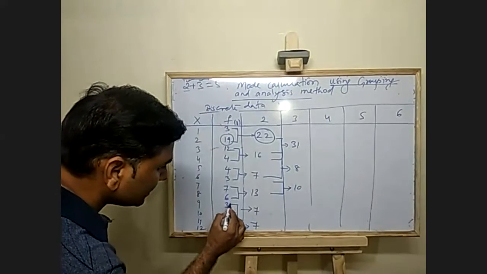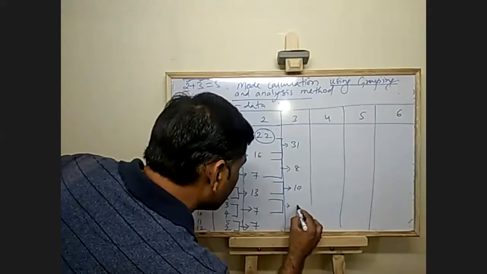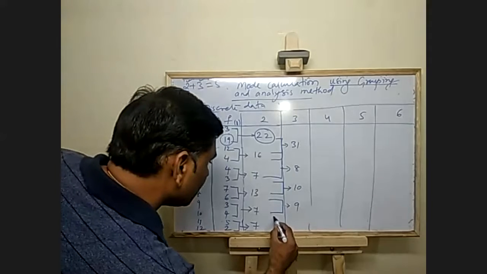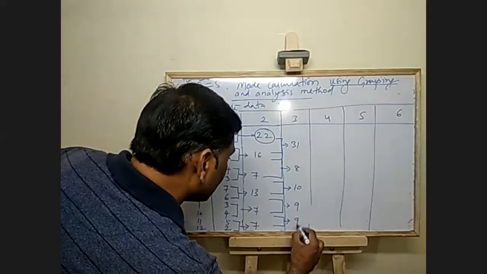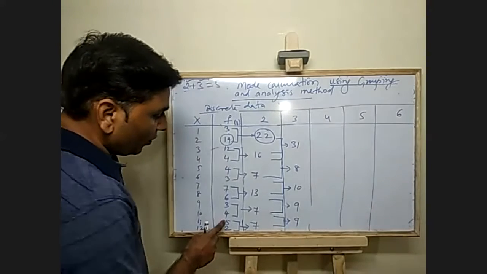Next, 3, 7 done. Next two numbers are 6 and 3, 9. Now 4 and 5, 4 plus 5, 9. Last one number is remaining.